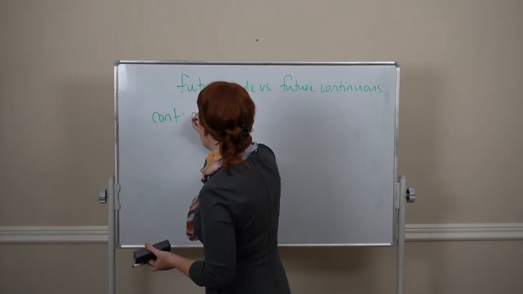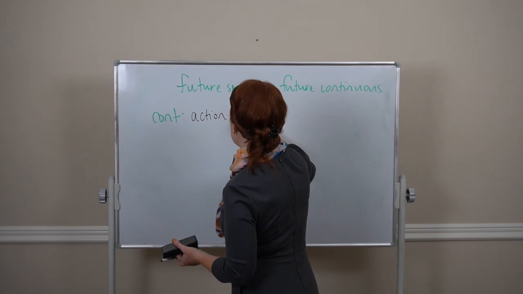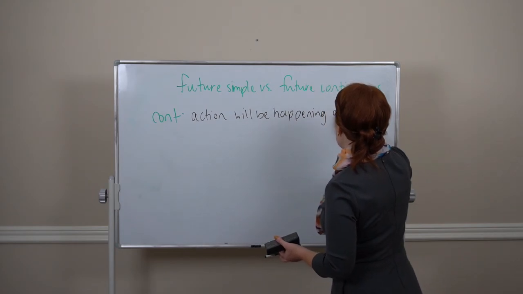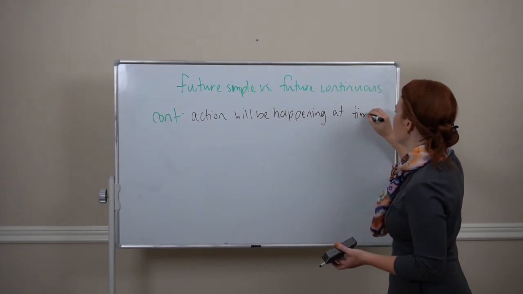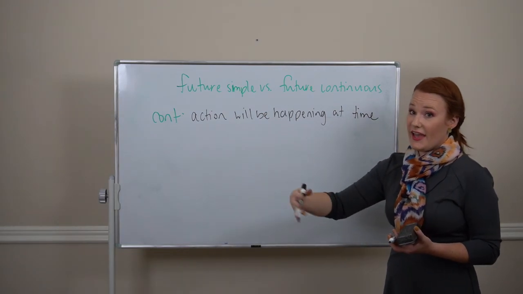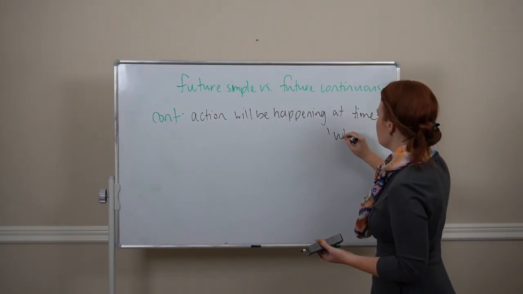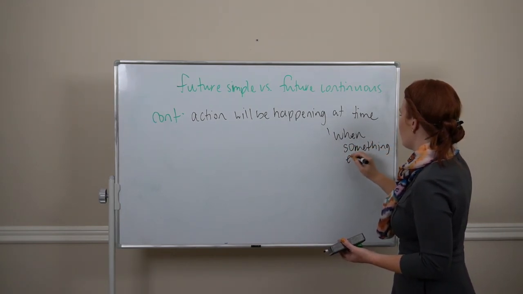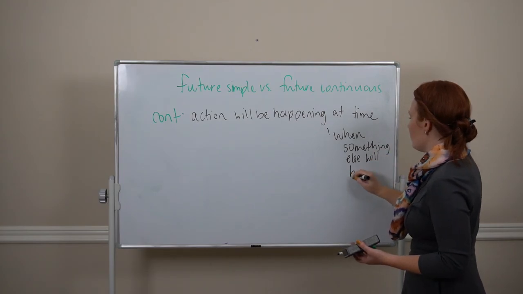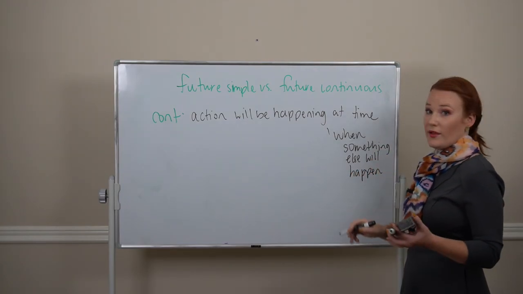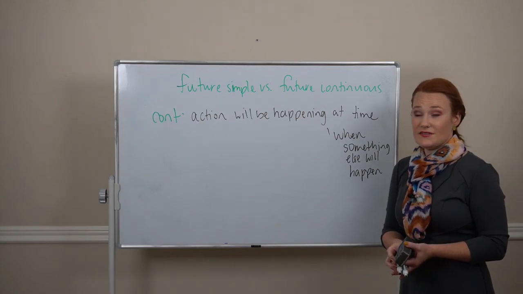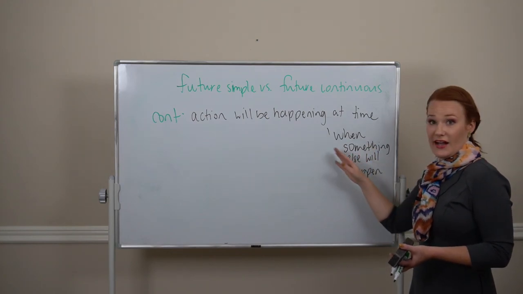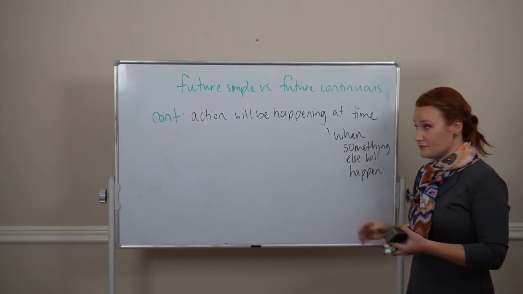Future continuous is for an action that will be happening at a specific time, or when something else will happen. So I will be performing when your plane arrives. Will be performing, this action is going to be happening, and then when your plane arrives is our comparison there.